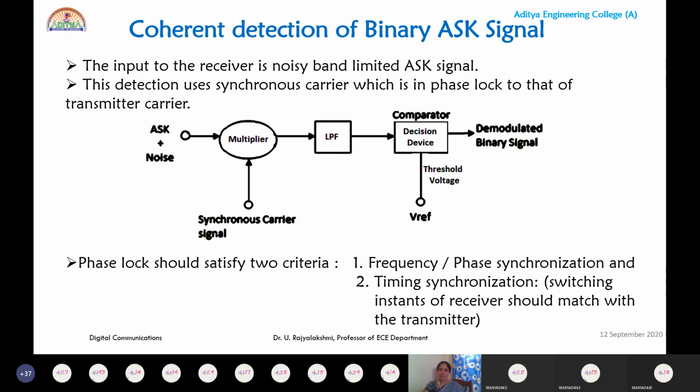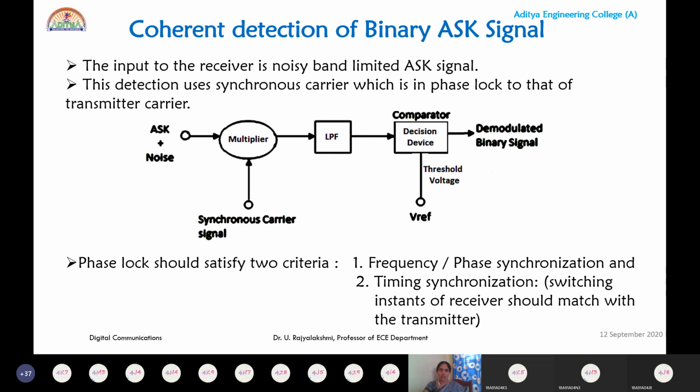At the transmitter section, we make use of a carrier component, so the same frequency, same phase and same timing, at the same switching instance, should be considered. That is nothing but phase lock. So our synchronous carrier should be in phase lock to that of the transmitter carrier.